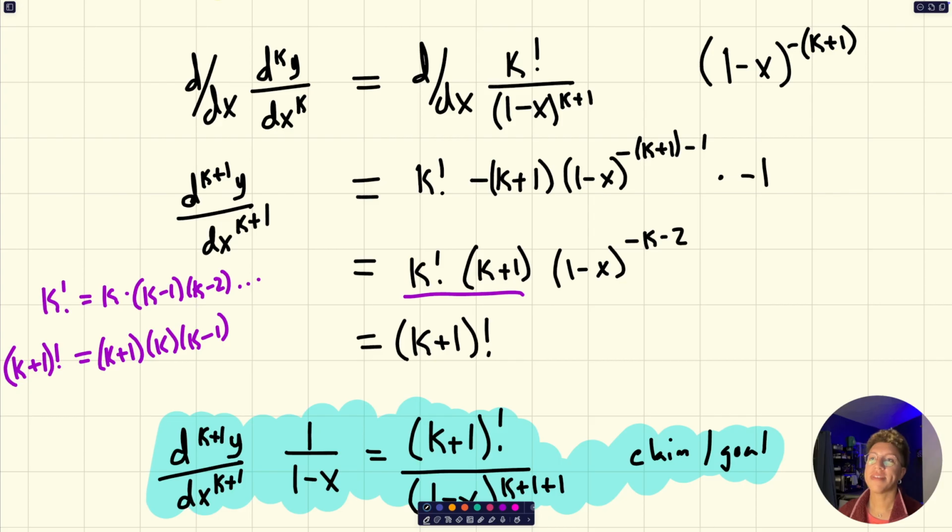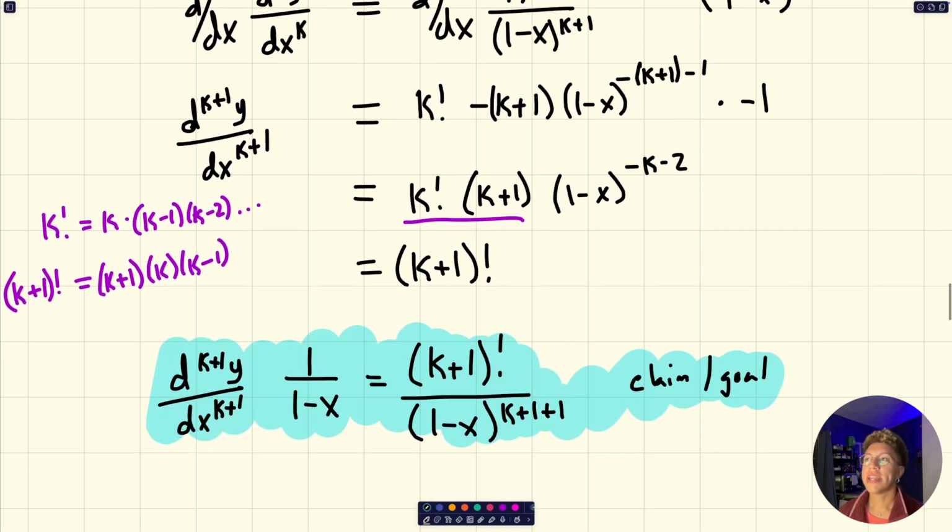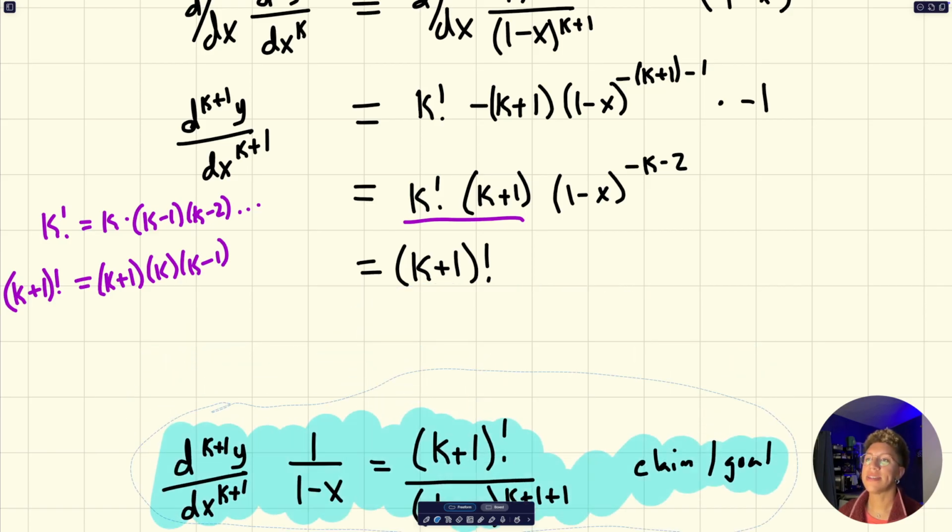And then the second part of this is we have our 1 minus x to all of this in the negative power. So we need to rewrite it a little bit and move it back into the denominator. Using exponent properties, we know that negative exponents turn into positive exponents if they're moved into the bottom. So we're going to get 1 minus x to the positive k, and now the positive 2, like that.